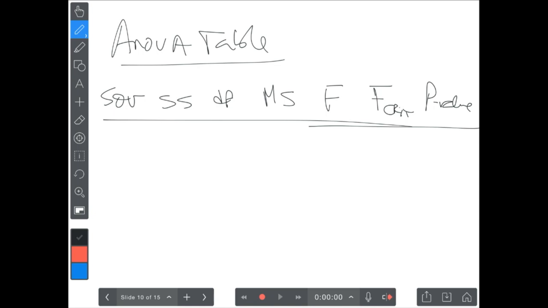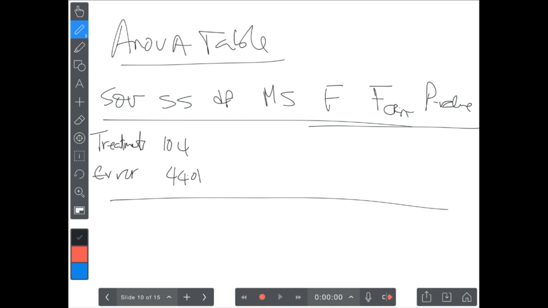So what are the sources of variation? We say treatments. So the SS for treatments was 104. For error, we found an SS of 44.01. And if we total that, we would get 148.01.